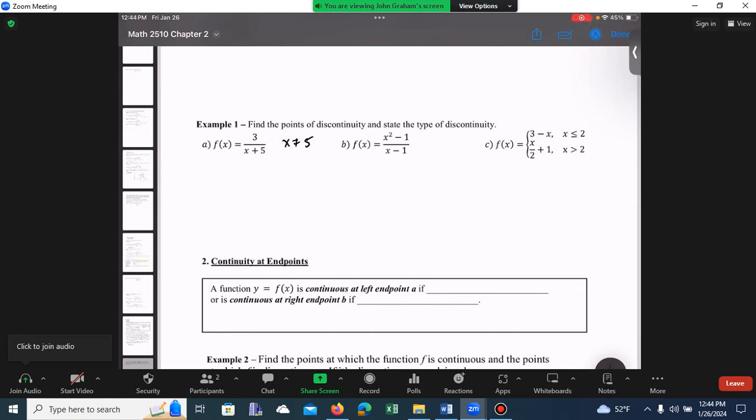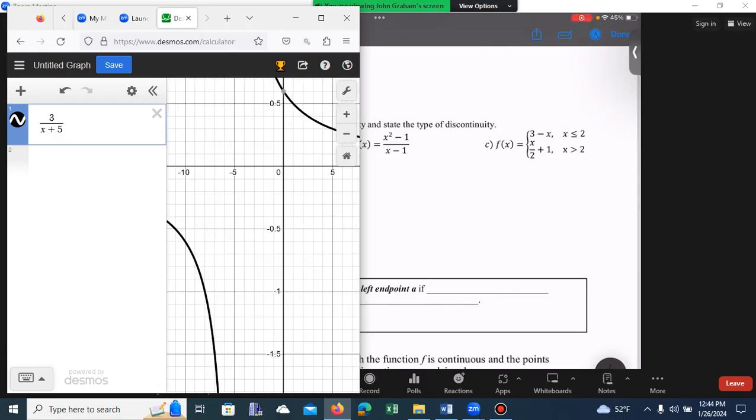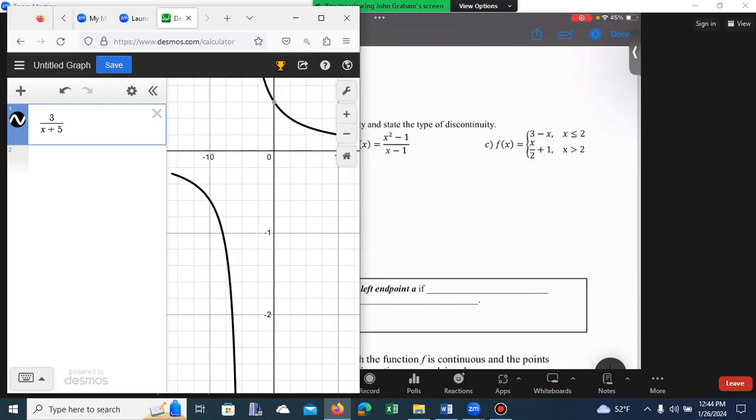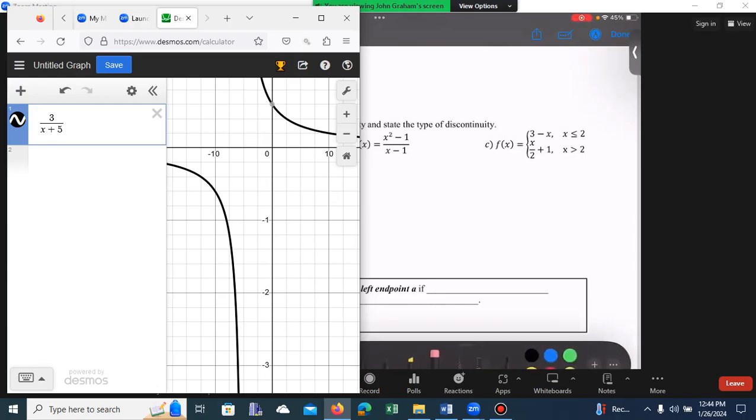If we look at this graph, we see a vertical asymptote at x equals negative 5.